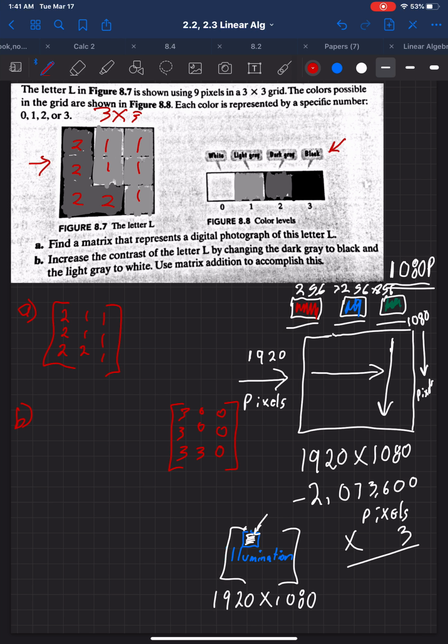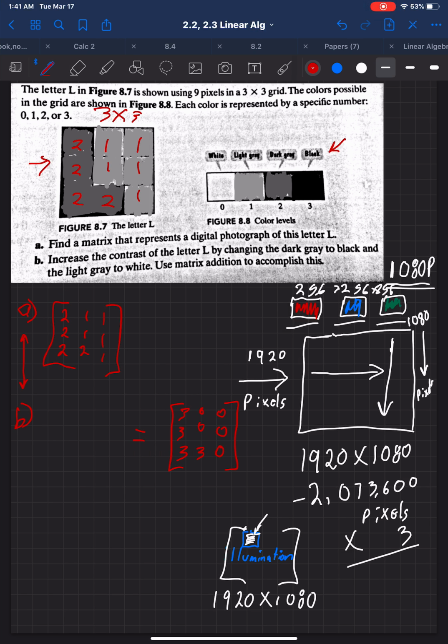All right, and now the question becomes, how do you go from what you have now, part A, to what you want in part B? Right? How do you adjust that contrast? How do you increase that contrast of that letter L?